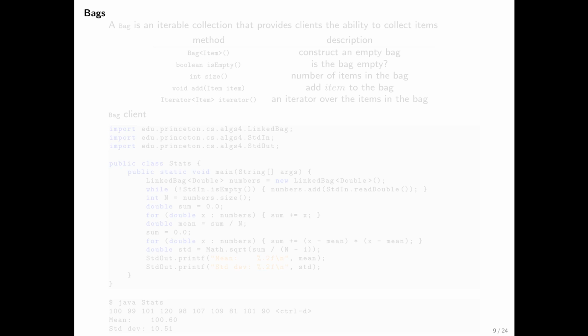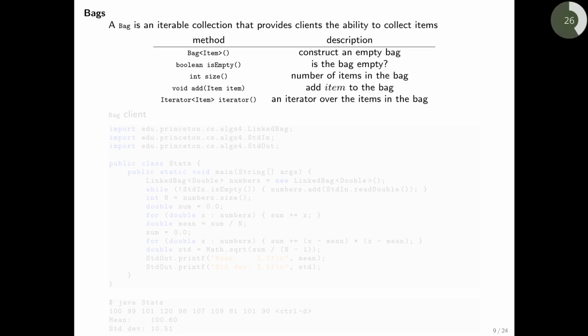So now let's talk about the 3 fundamental data structures, which are bags, queues, and stacks. And we're going to start with bags. So bag is an iterable collection. It's a collection data type, collection ADT, and it's iterable, and it provides clients the ability to collect or store items.